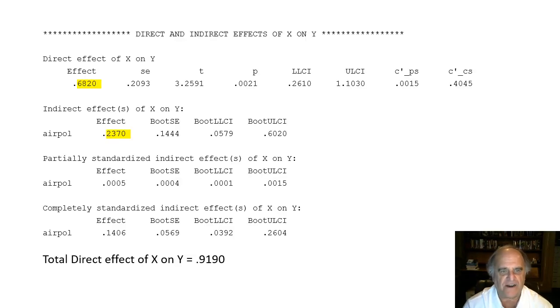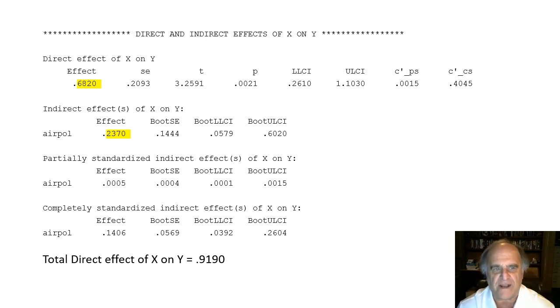So now we get to our direct effects and our indirect effects. I cut this off to make it fit, although we'll see what's on the next page. So you can see our direct effect. Our direct effect here is 0.6820.